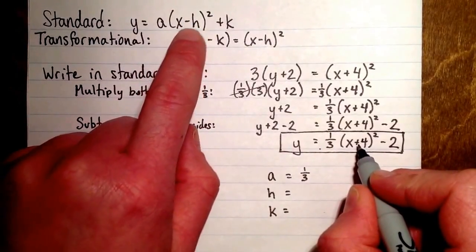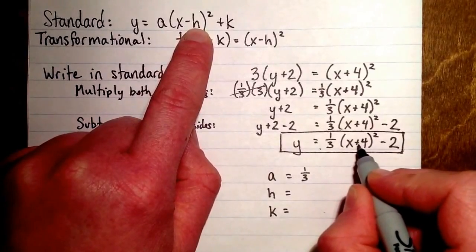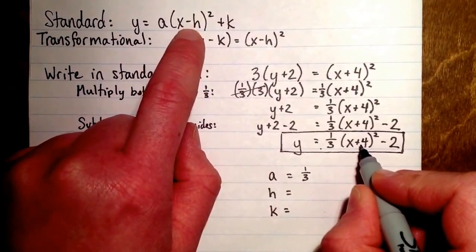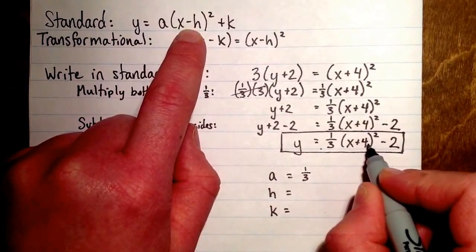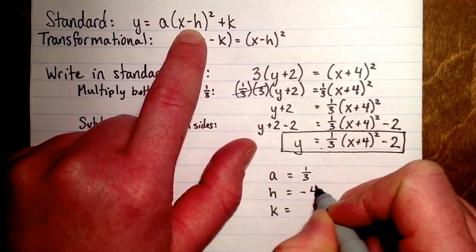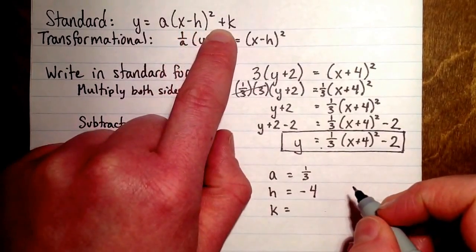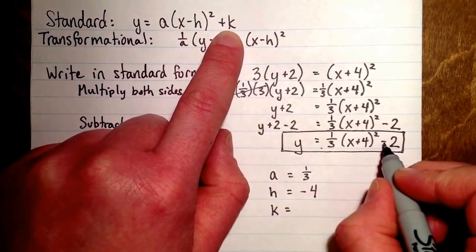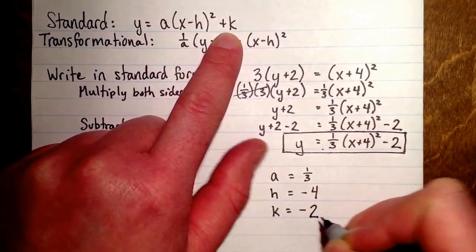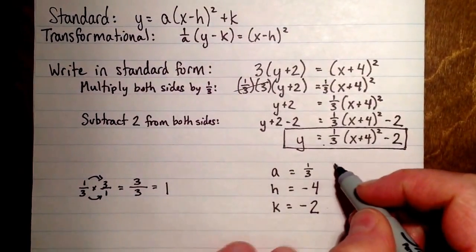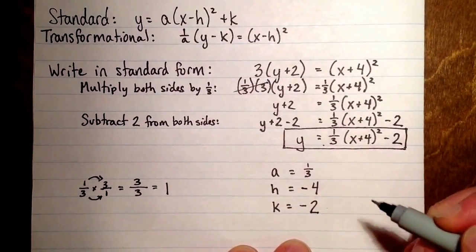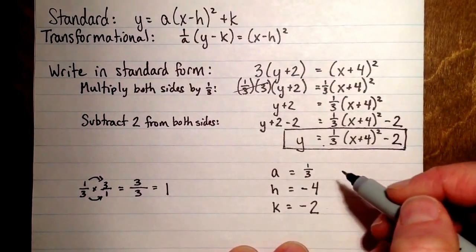So x minus what is the same as x plus 4? It's going to be x minus negative 4, because subtracting a negative is the same as adding the positive. So that means my h value is negative 4. And then here I've got plus k, and my k is minus 2. So you won't have to do this part for your homework, but if that seemed tricky to you, you should ask me about it, because that's going to be really important soon.